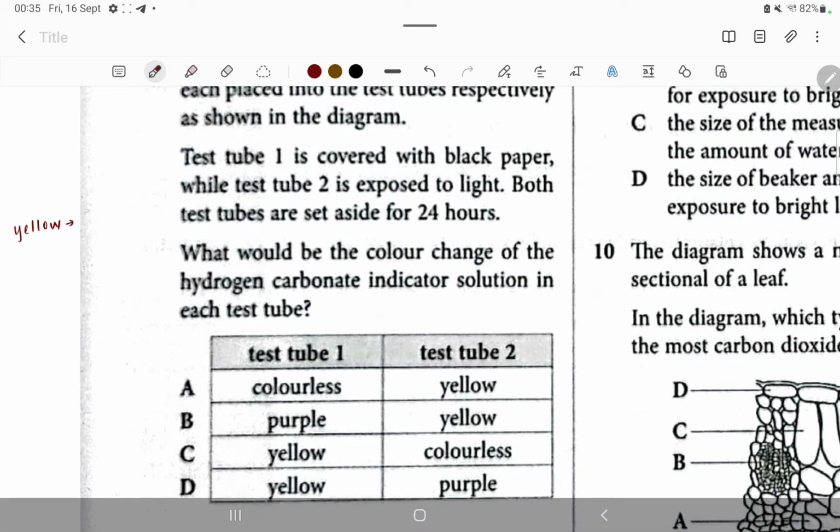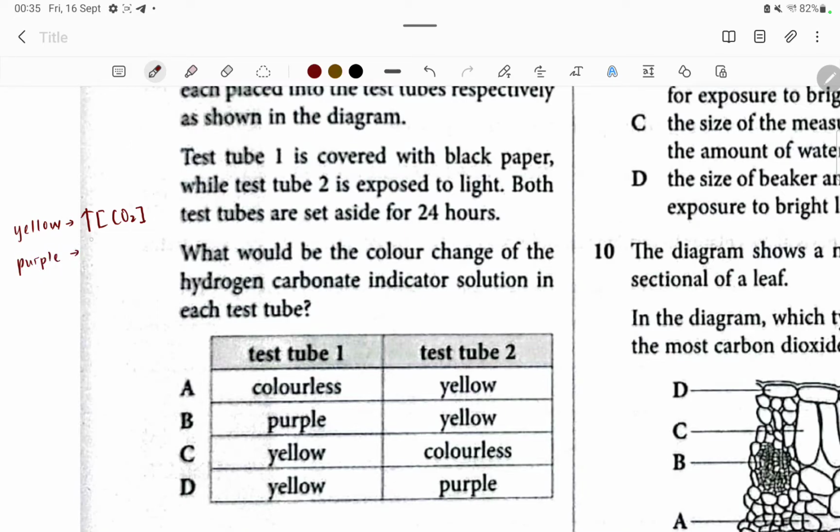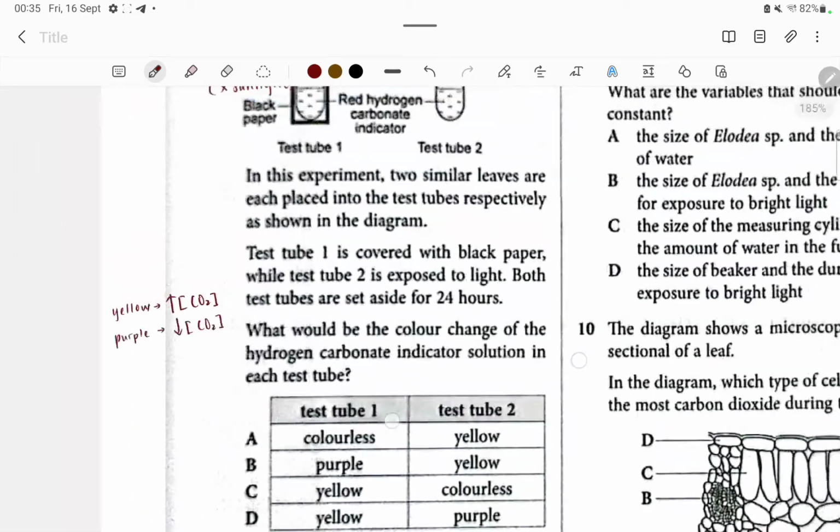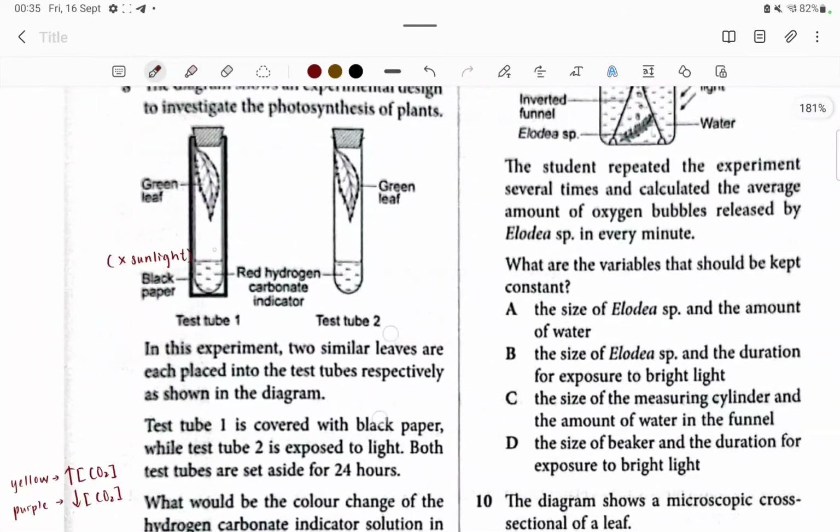I wrote like that. High concentration of carbon dioxide. When it's purple means low carbon dioxide. So this one, test tube 1, has black paper.